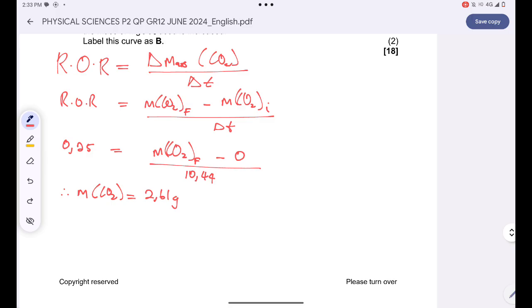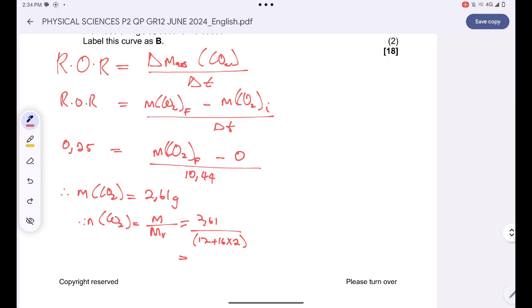For me to know how much of the magnesium carbonate I used, I just need to change this mass into number of moles. The number of moles of carbon dioxide produced is just the mass of my carbon dioxide divided by the molar mass. That's 2.61 divided by the molar mass: for carbon it is 12, for oxygen it is 16. But since carbon dioxide has 2 oxygens, I'm going to multiply the 16 by 2.